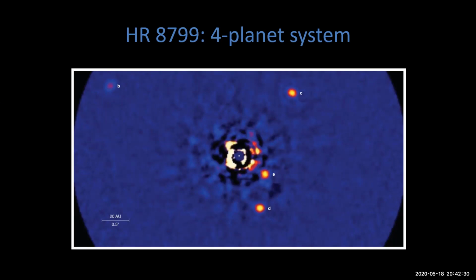They're named in the order in which they were discovered. So B, even though it's further away, was discovered first. So B, C, E, and D, these are direct detections, direct imaging of these planets. And you can, again, see the star in the center has been mostly blocked out. They've used adaptive optics to block the light from that star.